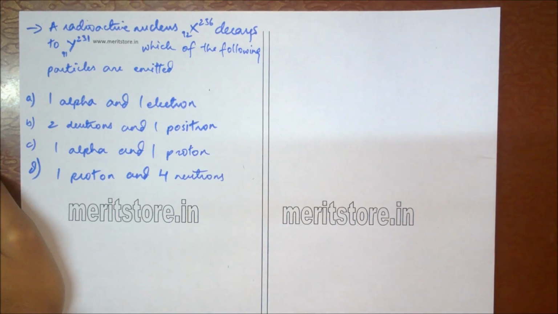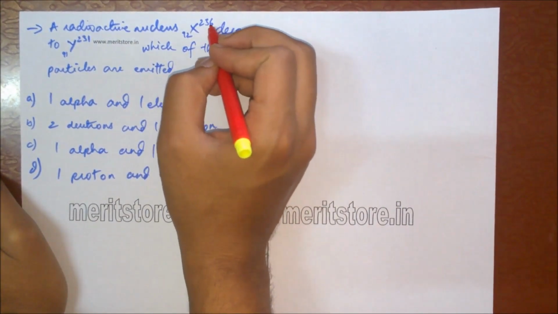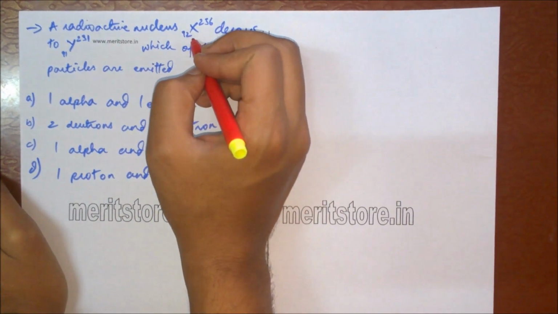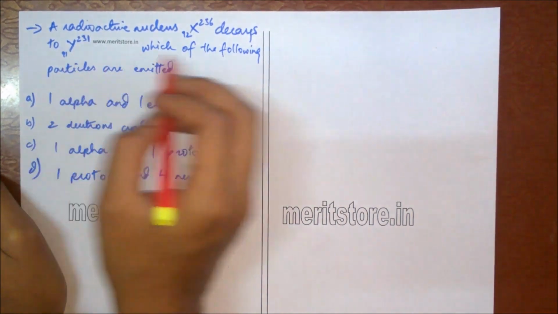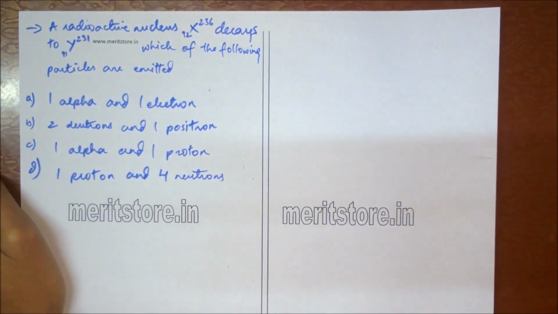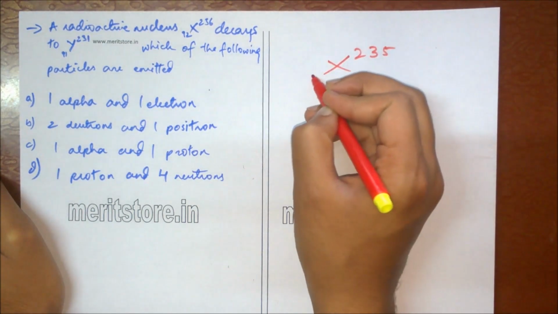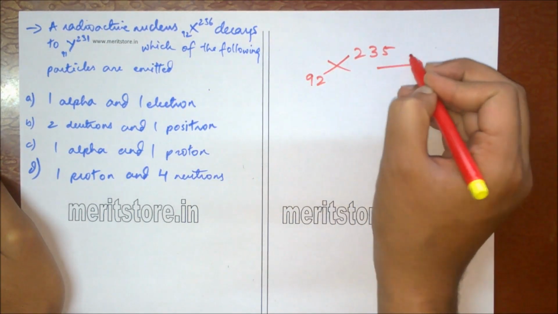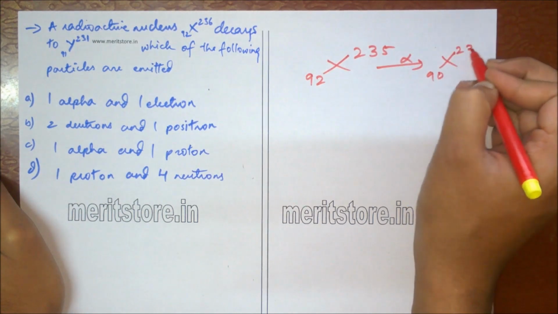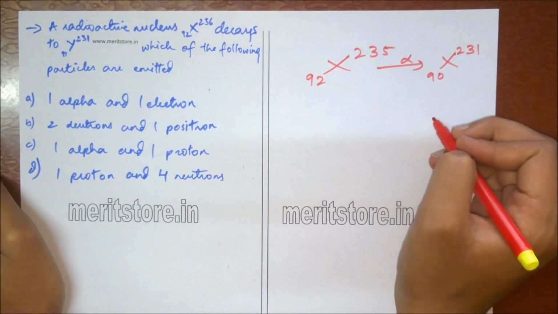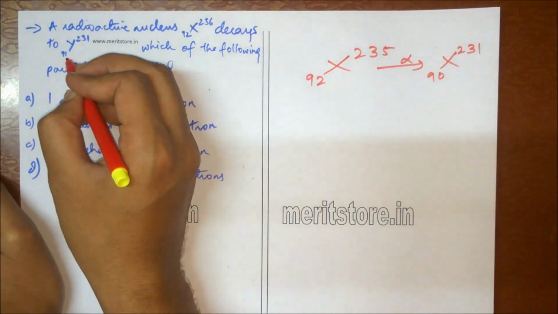A radioactive element, atomic nucleus X of mass 235 and number 92, decays into Y with mass 231 and number 91. Which of the following particles are emitted? So we have X 235 92 releases an alpha to form X 231 and 90, but it is Y 91.